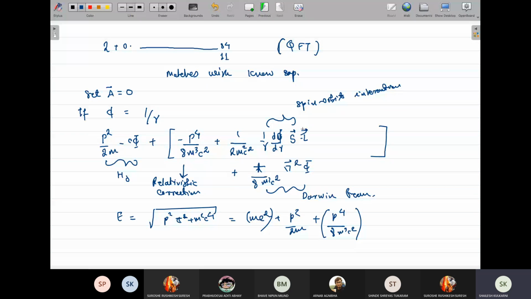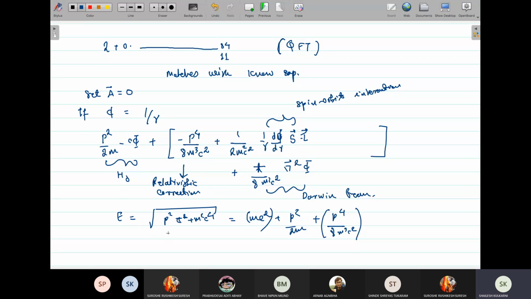So in the next class, I will speak more about these two terms. What is the meaning of this term and this term? There is a systematic way to get the non-relativistic corrections order by order from the Dirac equation, but that we are not going to do.